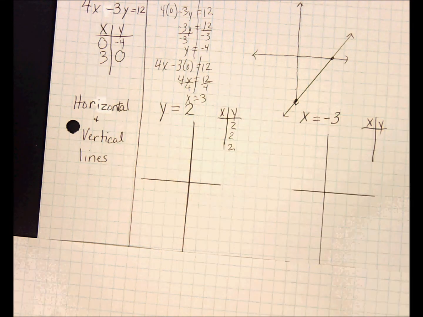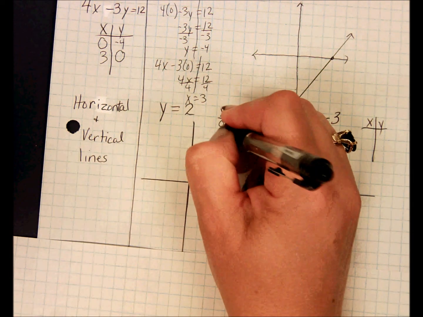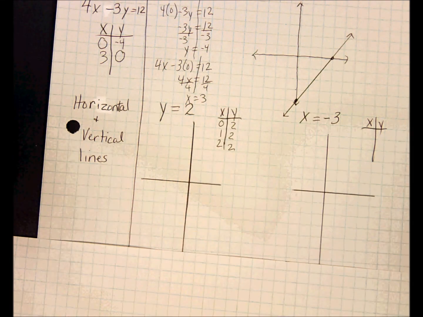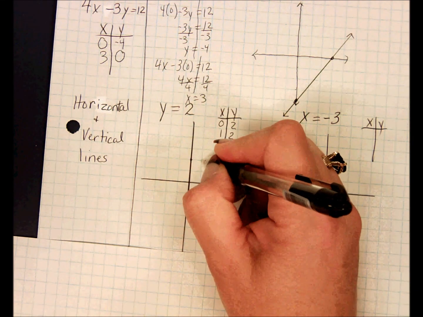So if I had 10 that I had to plot, all 10 would have y equals 2. That means every x works. So I can just go, okay, then what happens if these are the x? Great. y equals 2. That's all I'm worried about. So 0, 2, 1, 2, 2, 2.